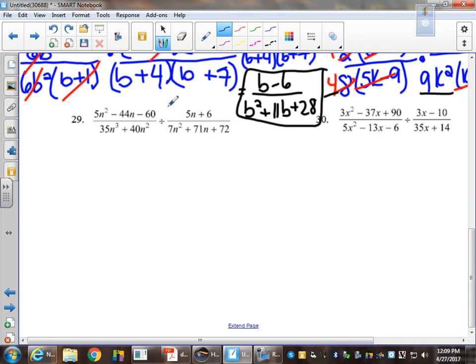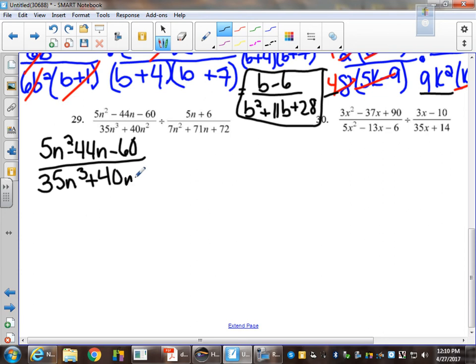Two more. We're going to keep change flip. Times. Ooh, I didn't flip it.